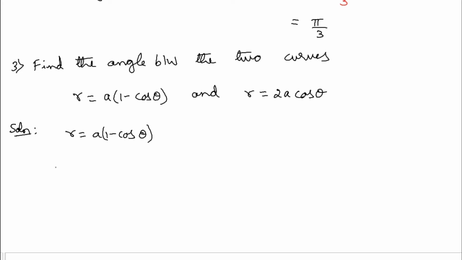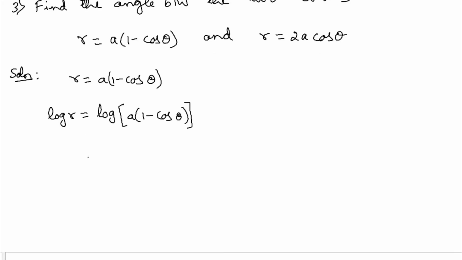So we'll take log on both sides. We get log of r equal to log of a into 1 minus cos of theta. Using the properties of logarithm, I can write this as log of a plus log of 1 minus cos of theta. Let us differentiate with respect to theta.